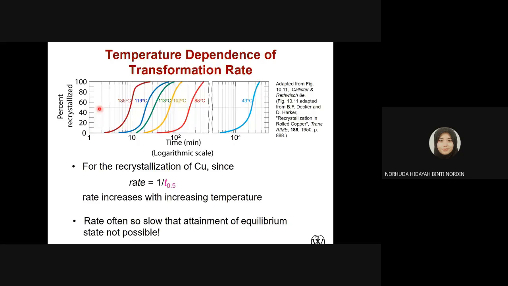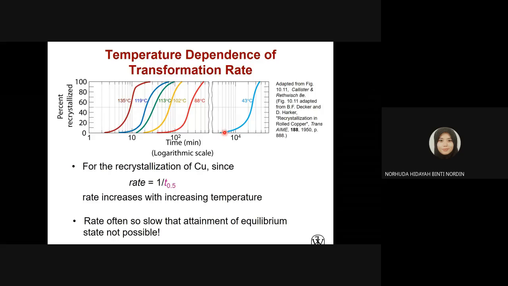What happens if you heat your steel at a lower temperature, for example 43? At 43, the growth will start later, around 1000 seconds. At 1000 seconds only, the nucleation starts to grow.